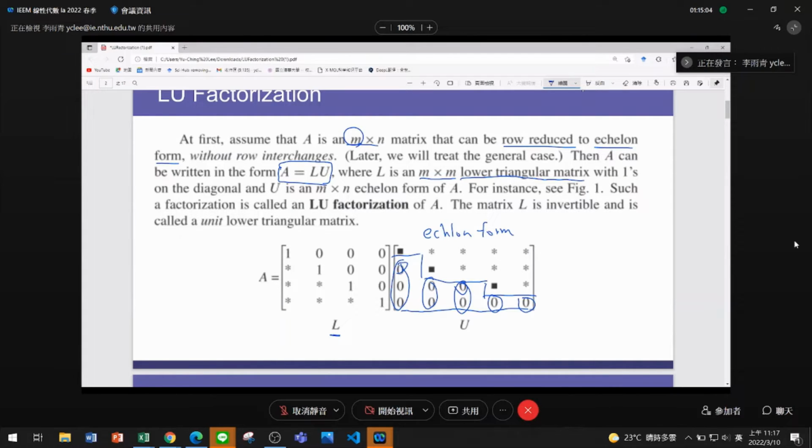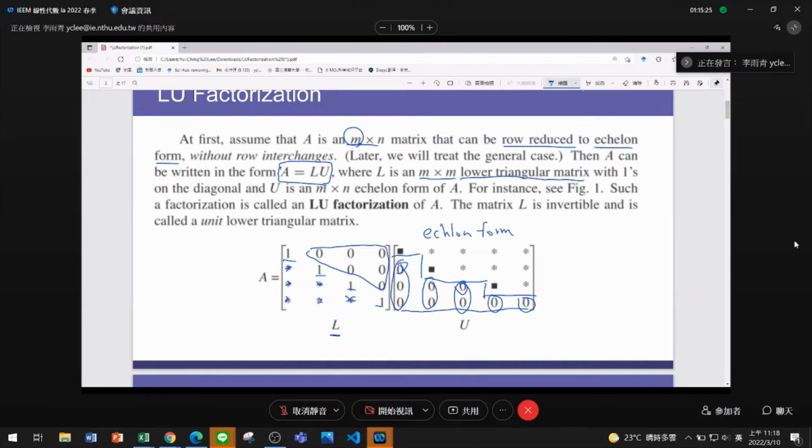All the diagonal entries are ones. And then this is lower triangular. Those stars mean some value. It can be any value, including 0. But in the top right corner, we have all zeros. So this is a lower triangular matrix.